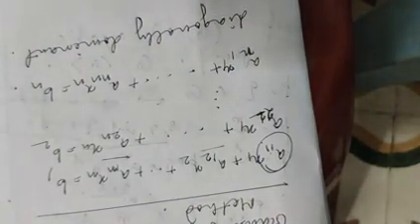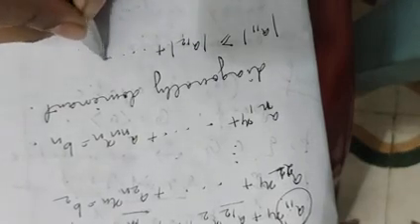That means |a11| ≥ |a12| + |a13| + ... + |a1n|. Similarly, |a22| ≥ |a21| + |a23| + ... + |a2n|, and so on. For the nth equation this must also be true. If this happens, the system of equations is diagonally dominant. Then we can proceed further with the Gauss-Jacobi iteration method.